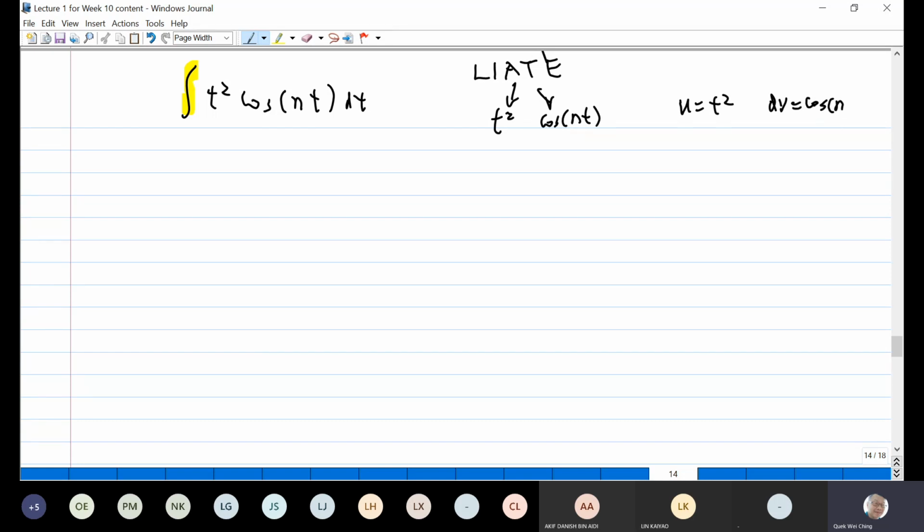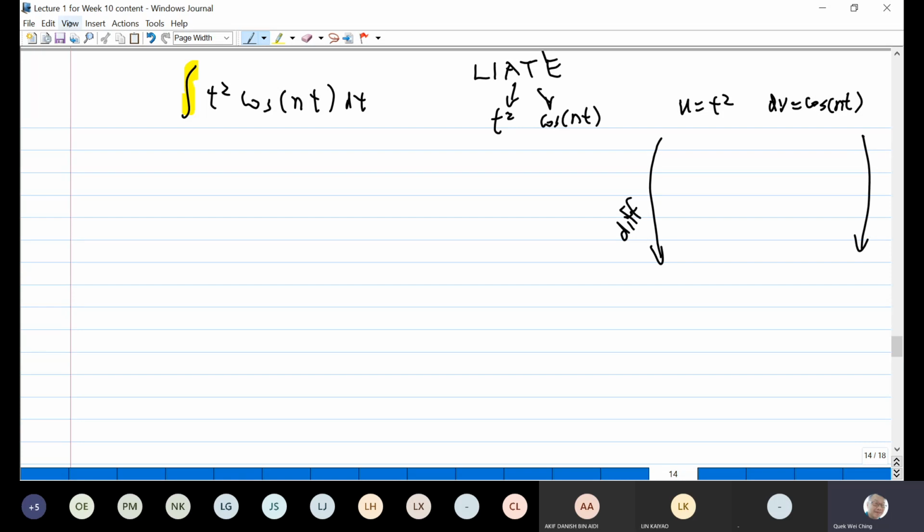You have u and dv, cosine nt, right? The one in front is always the u. Then on the left hand side you differentiate, and on the right hand side you integrate.